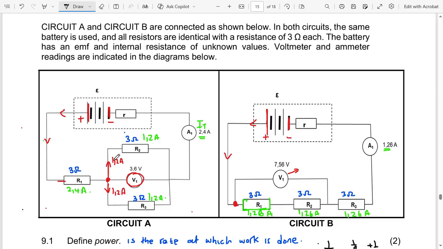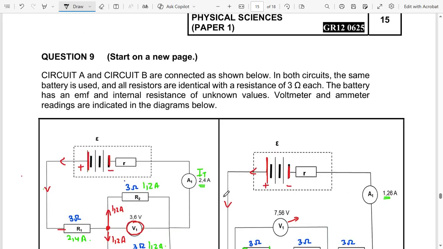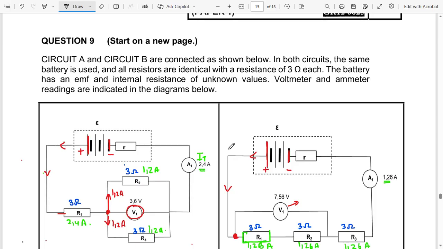So first things first, I look at the batteries. The batteries look similar, and in both circuits it is the same battery. Okay, nice. Look at this statement. Wow, this is good. Even when I was still in high school, when I felt a question didn't make sense, I would go back to the statement.